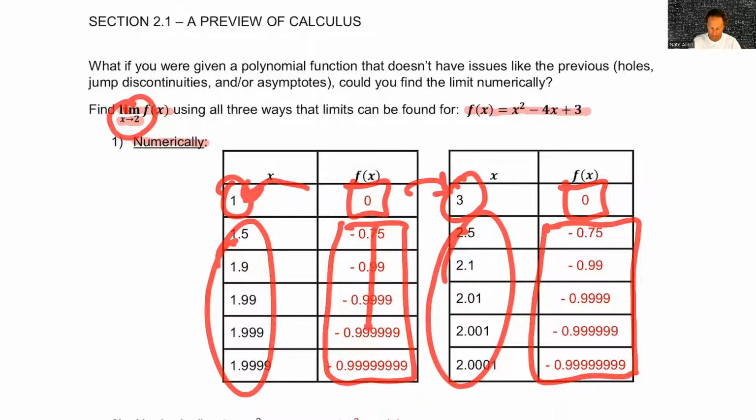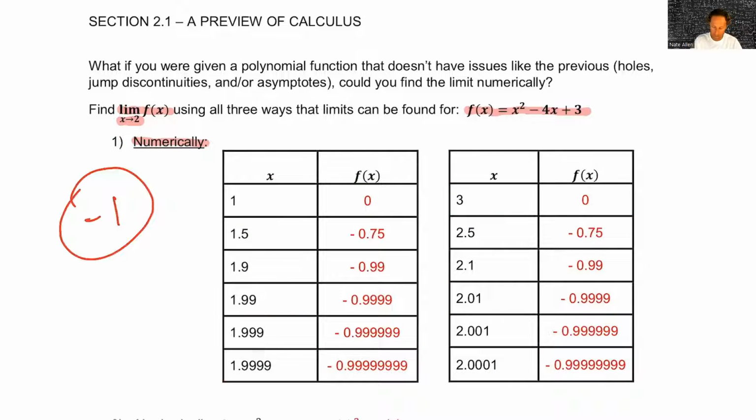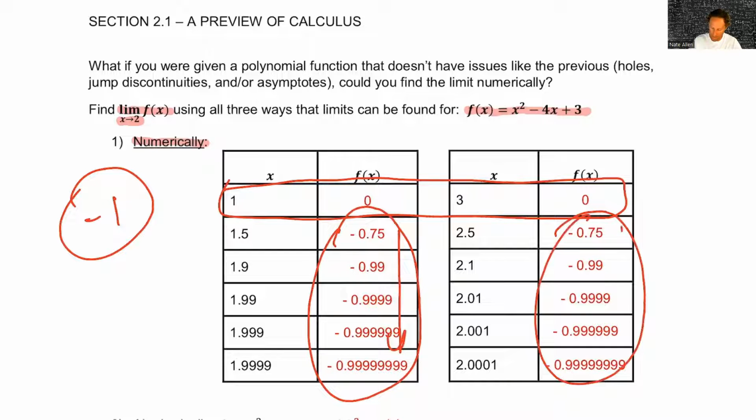They were actually approaching -1. So be careful not to jump to a conclusion, because these are approaching from the left and the right the same value of -1 as we got closer and closer to 2 from both the right and the left side. Unfortunately, that's how we do it numerically.